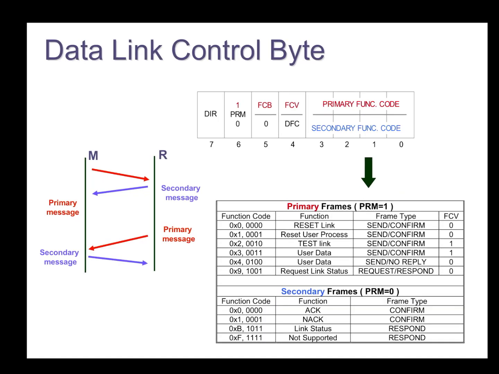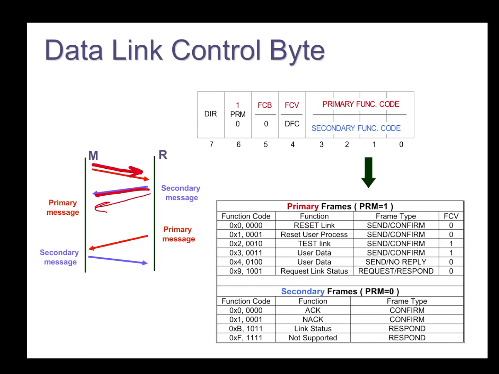Again, I talked about these primary and secondary messages. The secondary message is a confirmation from the other end when the initializing device was looking for confirmation. In the first example, the request that went out from the master was a primary message looking for a confirmation at the data link layer, and what came back was a secondary message.